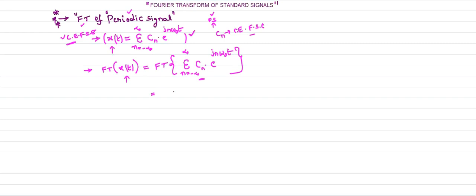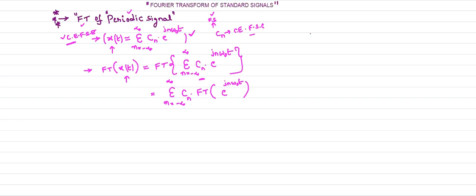To calculate this, we take the sum from minus infinity to plus infinity of Cn times the Fourier transform of e power j n omega naught t. So I can rewrite the expression like this.